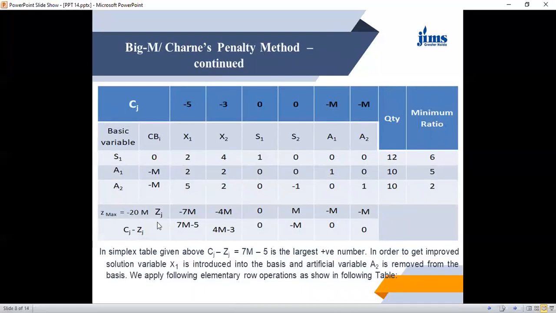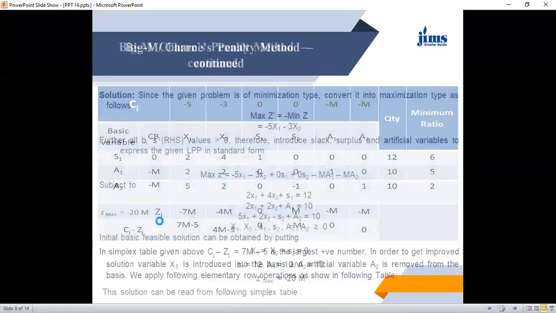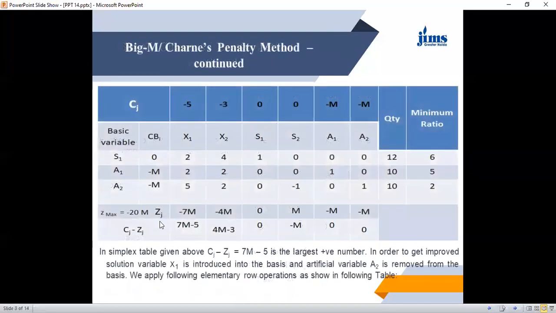So key column means what? Key column means the variable which will go in the solution. This is the key column, maximum positive value, x1. It means this x1 will come in the next iteration.